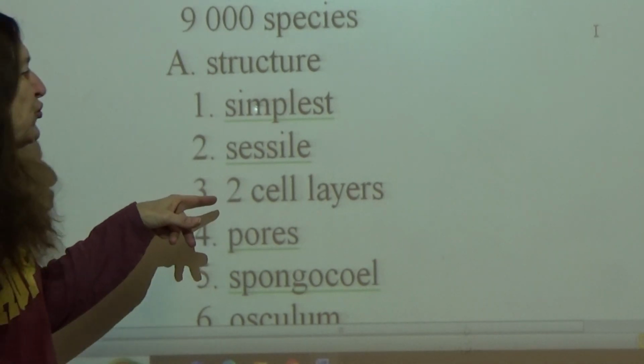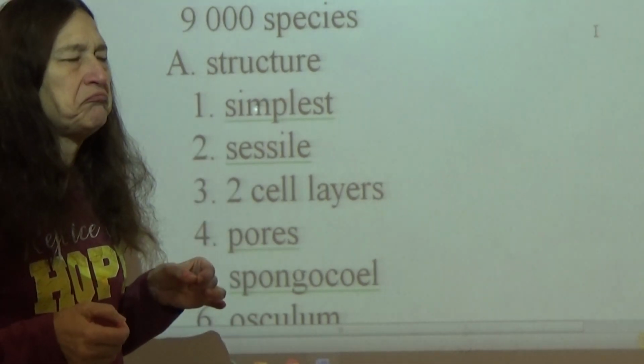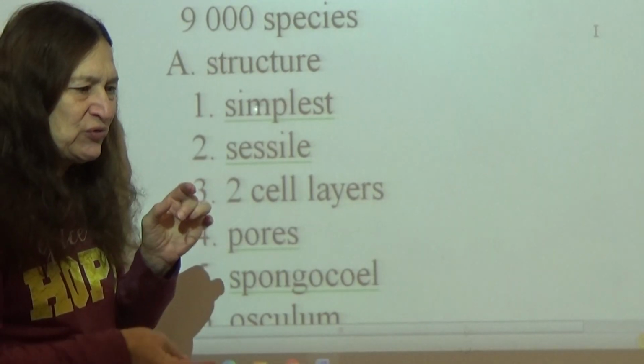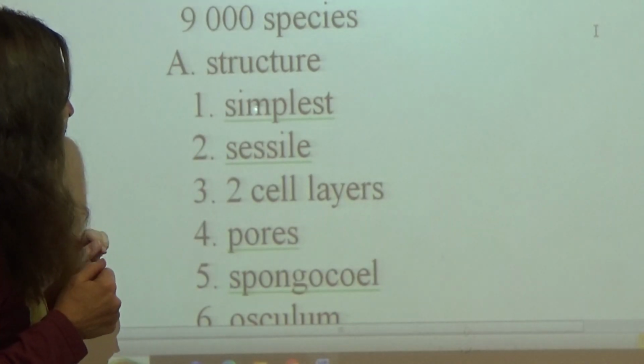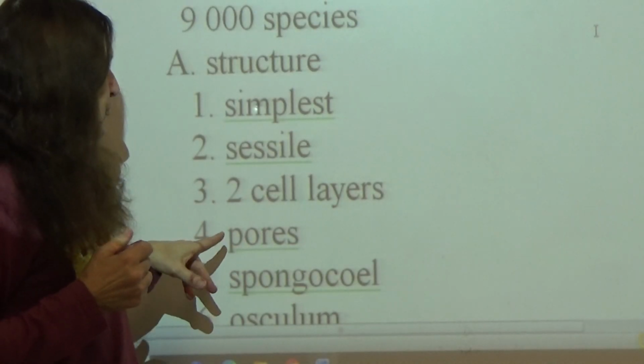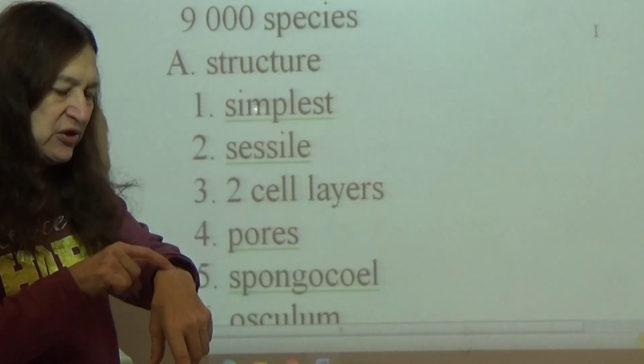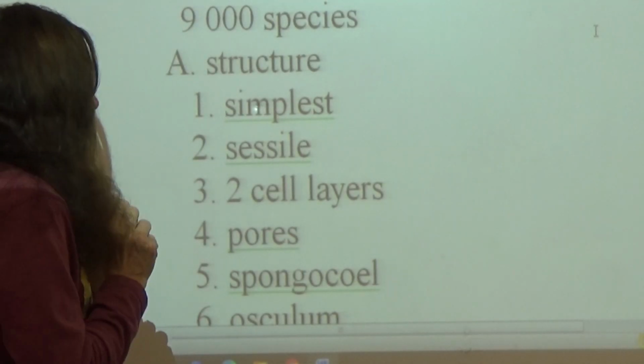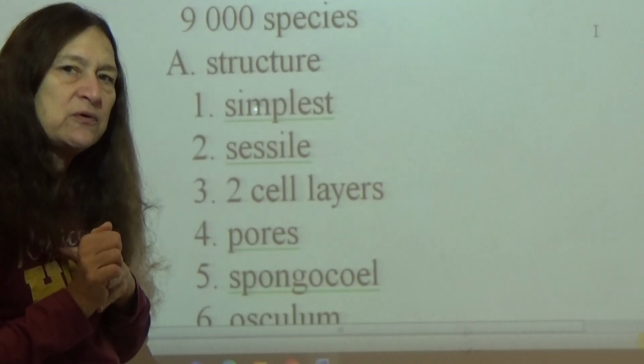They have two cell layers. Okay, that seems really weird. There's only two cell layers. They have pores. Think about it. You have pores. Pores are little holes. And they're all over the little critter.